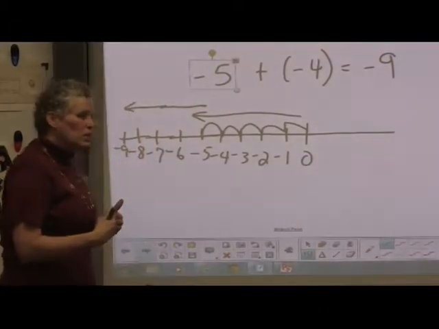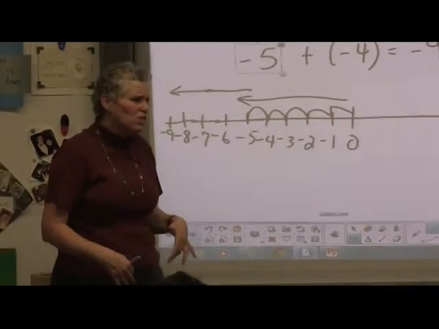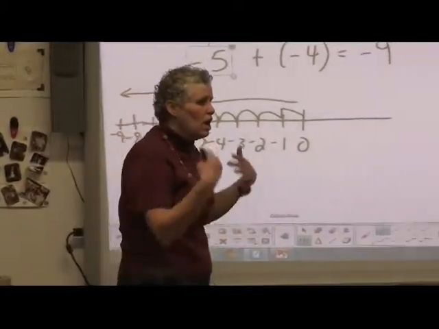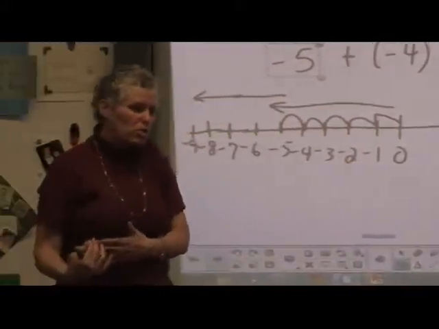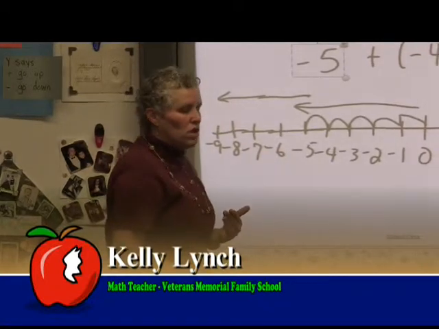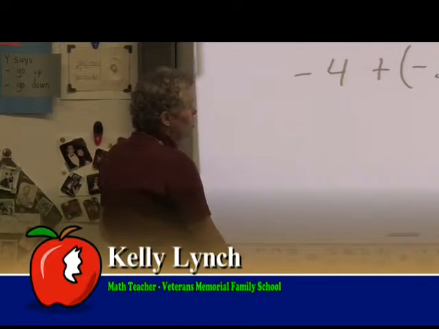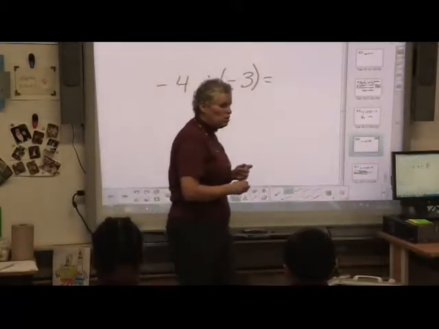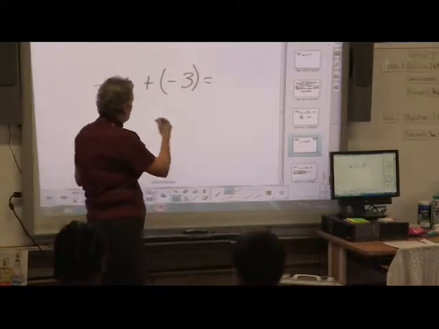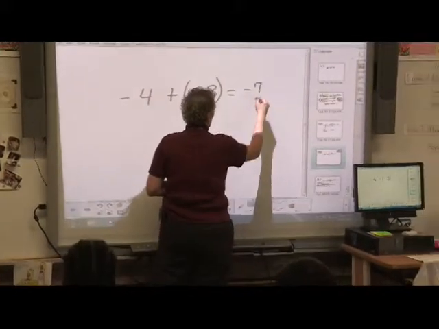I want to do this today because when we're subtracting, it's really important that you understand positive says go forward, negative says go backwards. Or when I'm adding when they're different signs. So on your number line, go back and try that one. So I start on the number line, right? And I can start at negative 4 and then I'm going to jump negative 3 and I get negative 7.